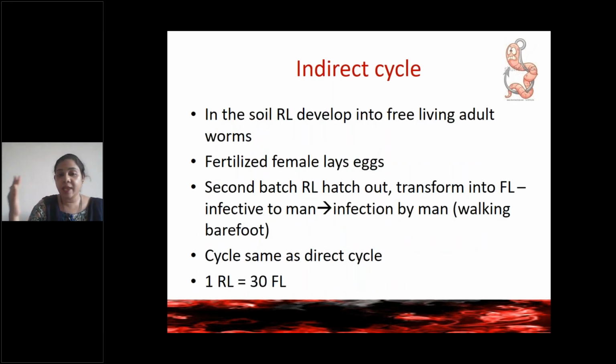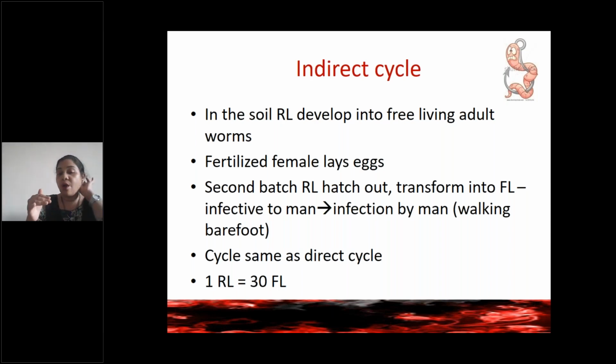Whereas in indirect cycle, the rhabditiform larva, instead of converting into filariform larva, develops into free living forms, that is, free living males and free living females. And these free living fertilized females lay eggs.